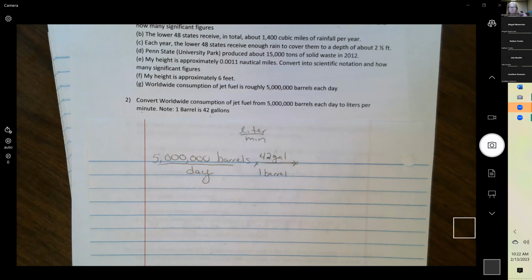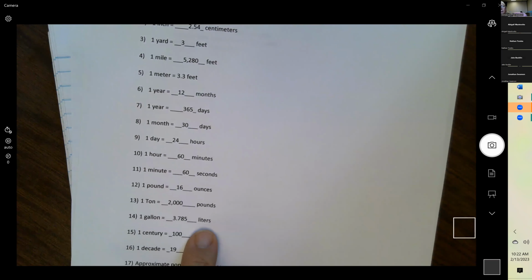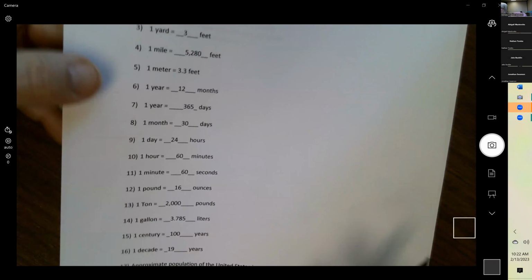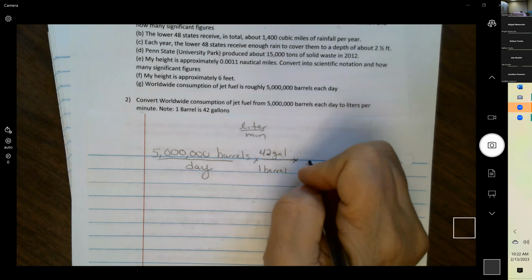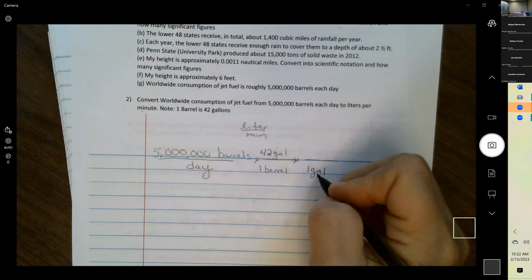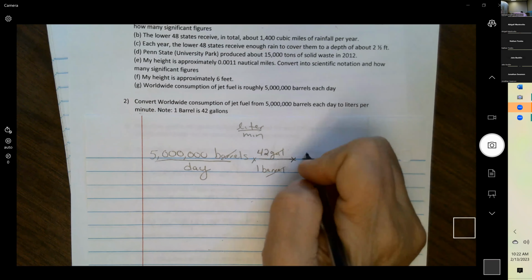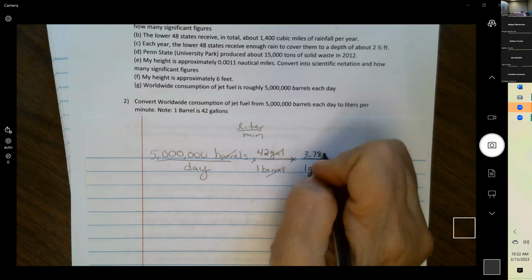One gallon, if you look at your formula sheet, we need to get to liters. And 1 gallon is 3.785 liters. We need to put the gallon on the bottom, so barrels canceled, gallons canceled. 3.785 liters.